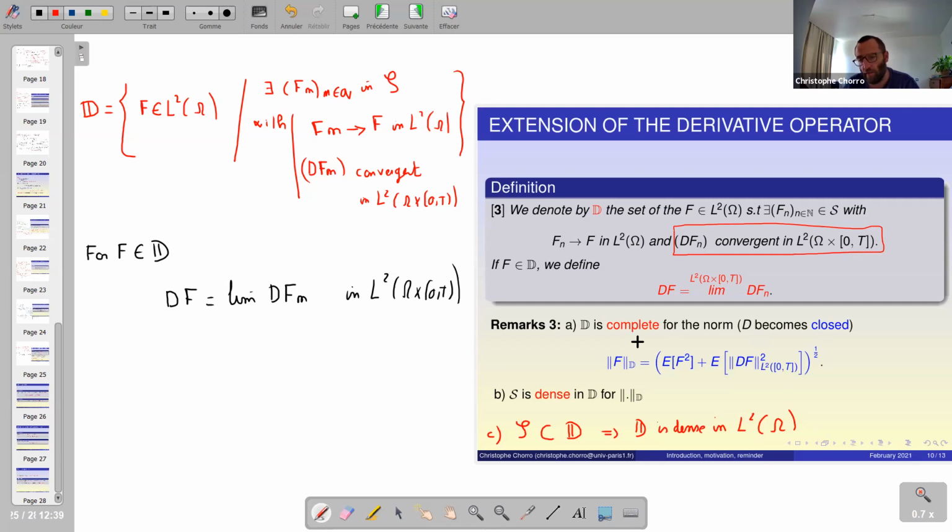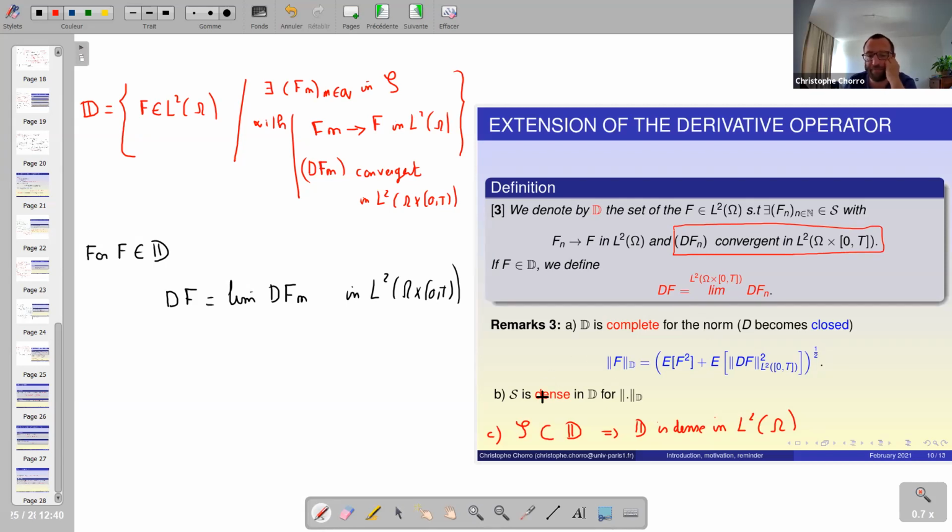I start with Cauchy sequences of elements in S for this norm, and then I add to S the set of all the possible limits. This way, I build a set that is complete, as R is complete, and it is built as the completion of S for this norm. As I repeat, R is the completion of Q, the rational numbers, for the classical distance. So it's the first thing.